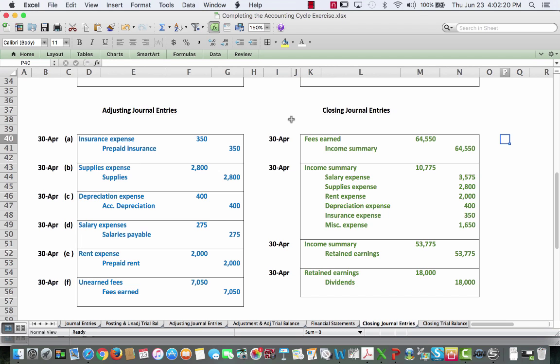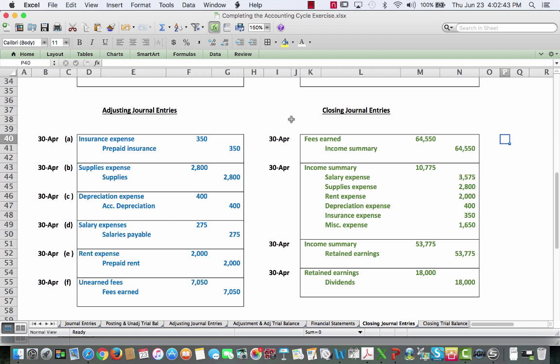The accounts that we close are referred to as temporary or nominal accounts. Those accounts include your revenues, your expenses, and your dividends. All the items on your income statement, those accounts have to be zeroed out. They have to be closed. We do not want those balances rolling over into the next year.